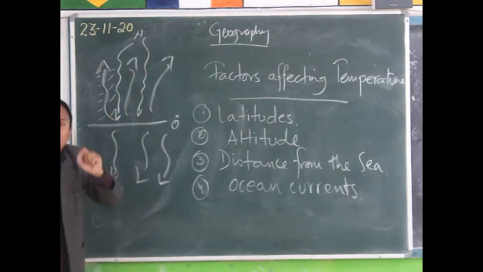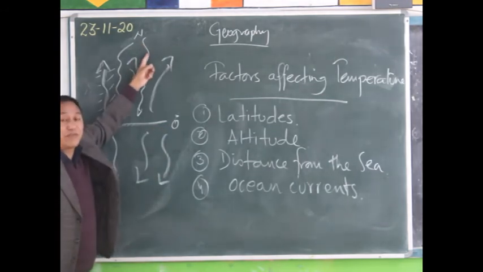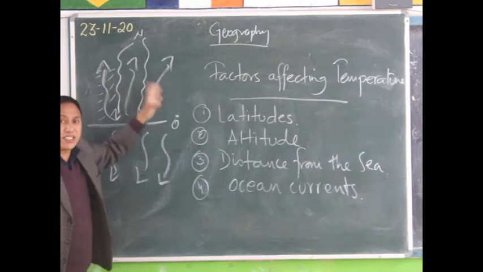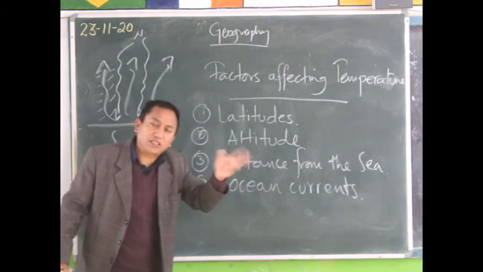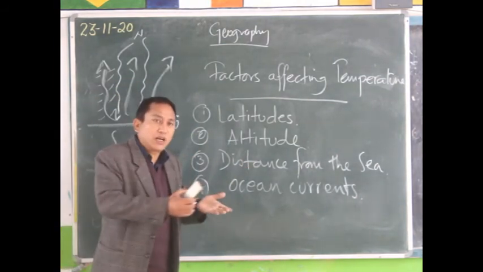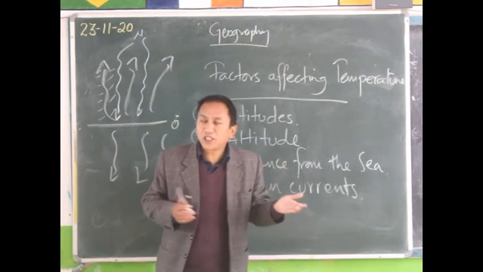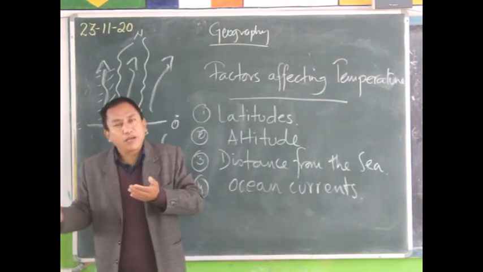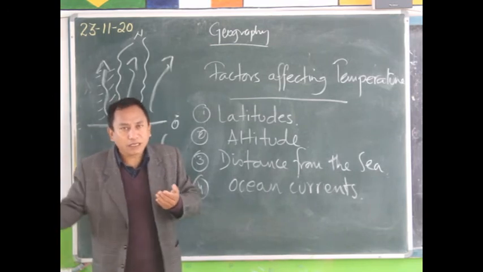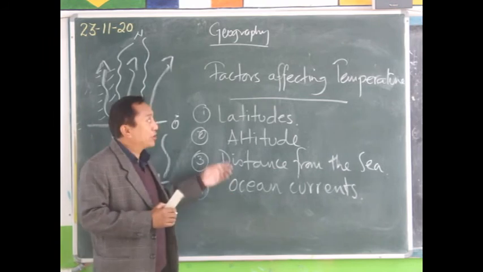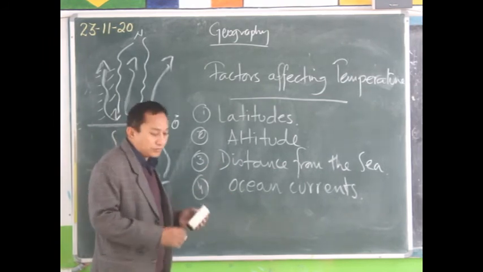The temperature becomes very cold because these waters are very, very cold, ice cold. So that is how the ocean currents can change the temperature of a place. If it's a warm ocean current passing by a particular region, the temperature increases. If it is a cold ocean current passing by a particular area, again the temperature decreases. So this is the fourth factor which affects the temperature of a place.